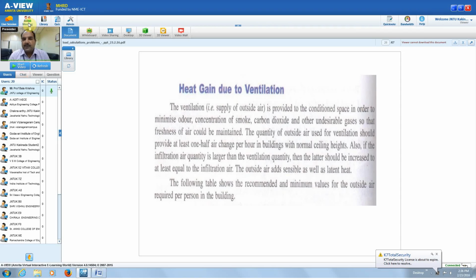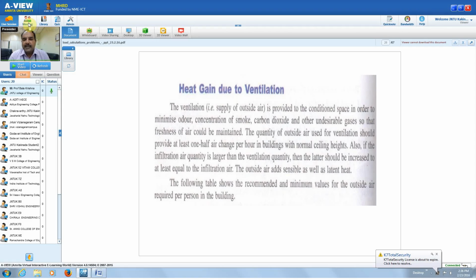The quantity of outside air used for ventilation should provide at least 1 air change per hour in buildings with normal ceiling heights. Also, if the infiltration air quantity is larger than the ventilation quantity, then the latter should be increased to be at least equal to the infiltration air.